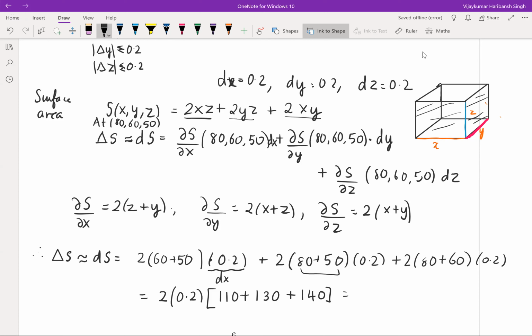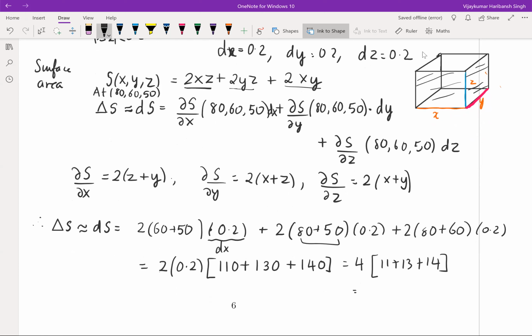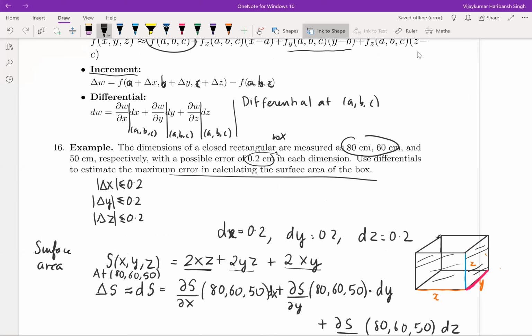Multiplied out, you get 4 times 11 plus 13 plus 14, and that is going to be 152. That is the maximum error, 152 centimeters.